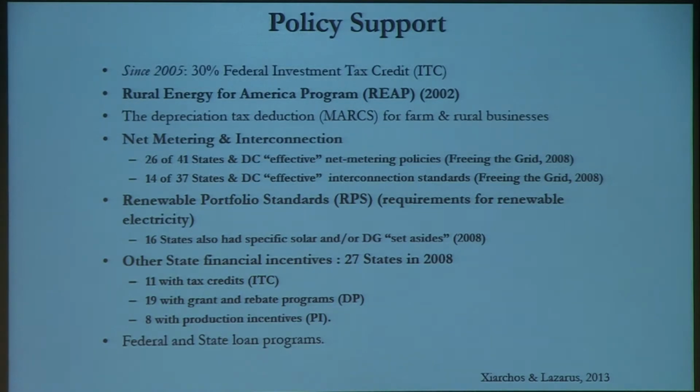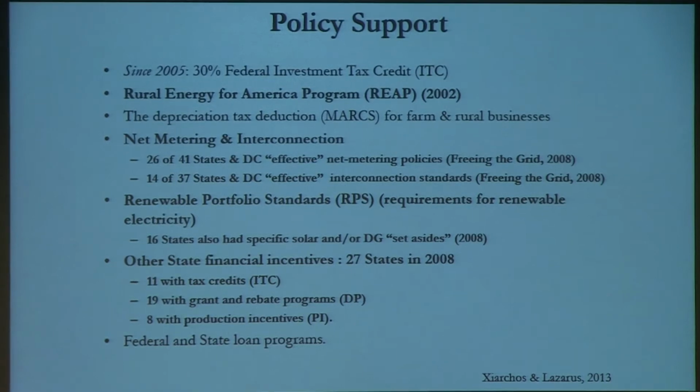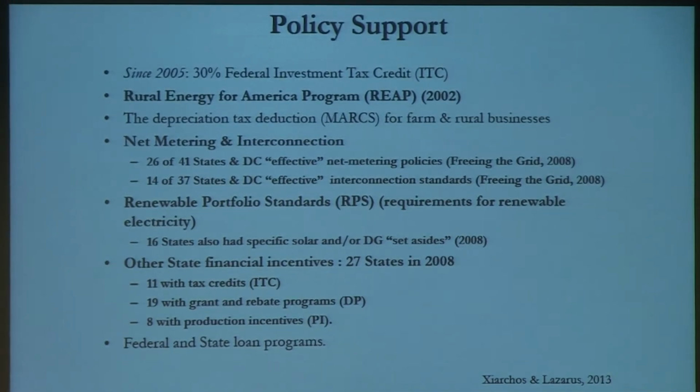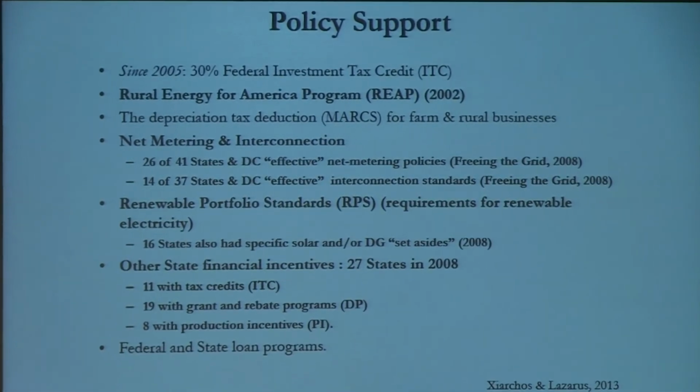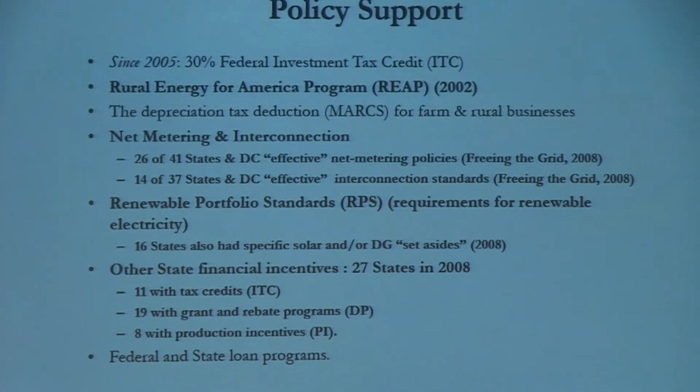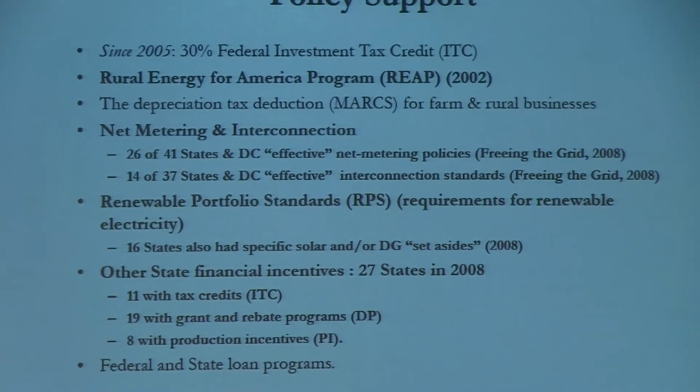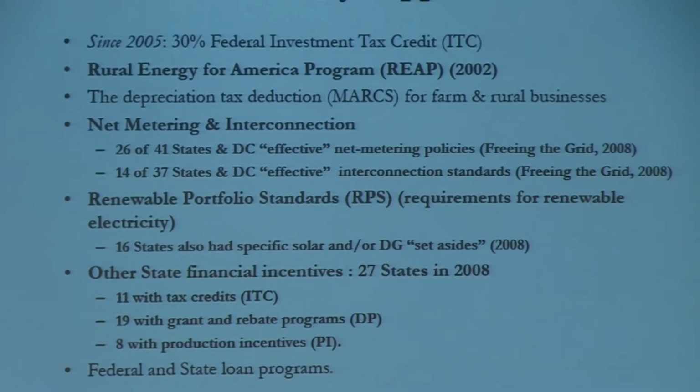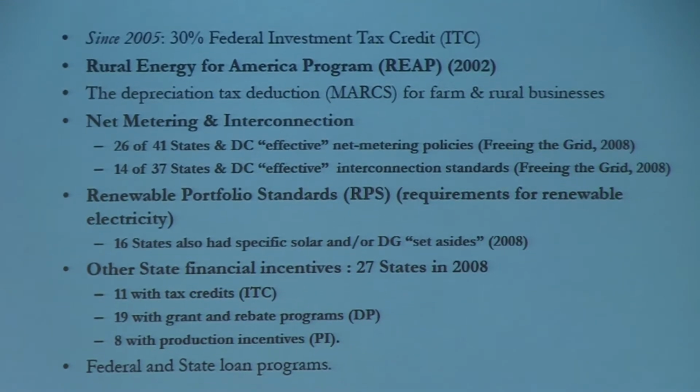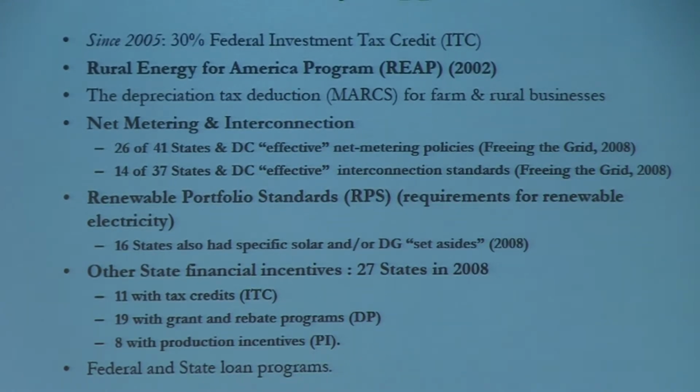Another very important factor in the growth in renewable energy, of course, has been policy support, and especially the investment tax credit that was set at 30% since 2005. Farmers can also take advantage of Rural Energy for America program grants and loans that have been available since 2002, and the depreciation tax deduction when they are business entities.